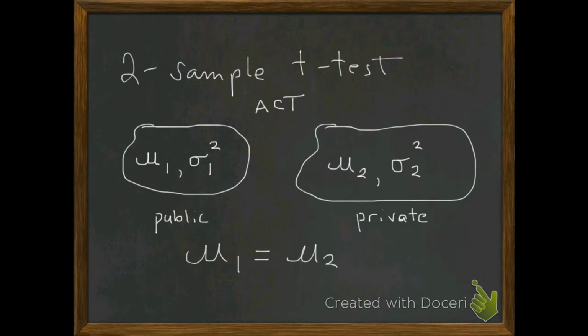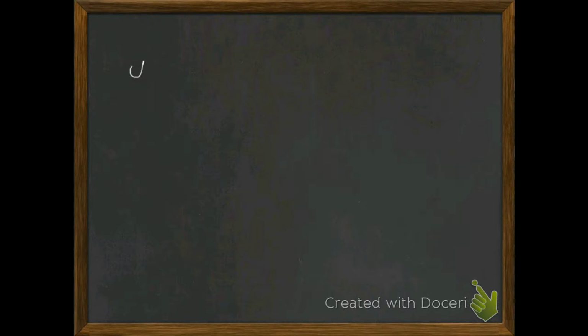Now, from population 1, with mean 1 and variance 1, we would collect a sample. We would collect a sample mean of size n1, and of course we would have a sample variance. Let's put a 1 right here just so we're clear. We would have a sample variance from this population.